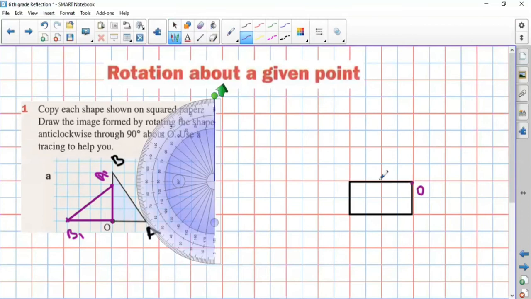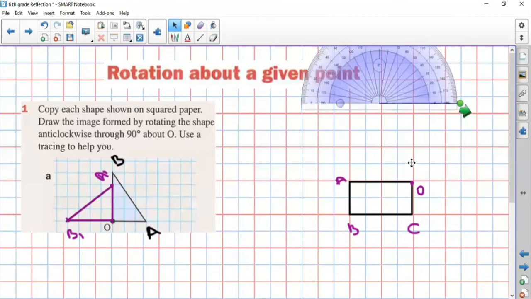Again, I want to name the rectangle. Let's say this one is the point A, B, and C. Now the same steps we have to follow for these ones. From the center O, I have to send A 90 degrees away.